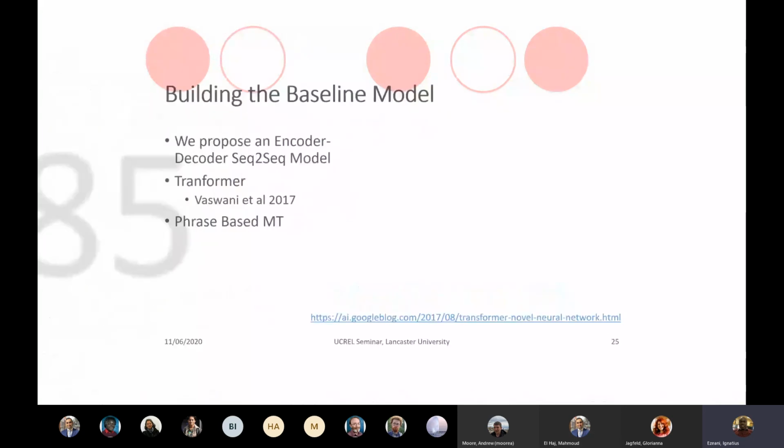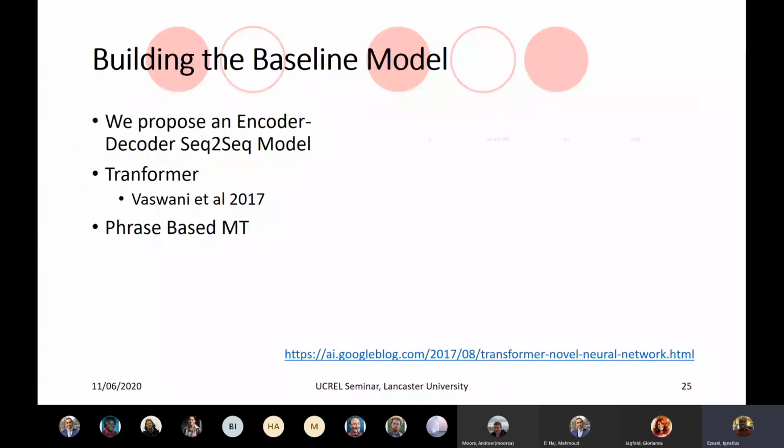Basically, what we're trying to do is to apply some of the most standard and most current state-of-the-art tools, like the transformer and the encoder-decoder models. However, we know that in some cases, some of these modern approaches do not work for low-resource languages as effectively as is being reported.